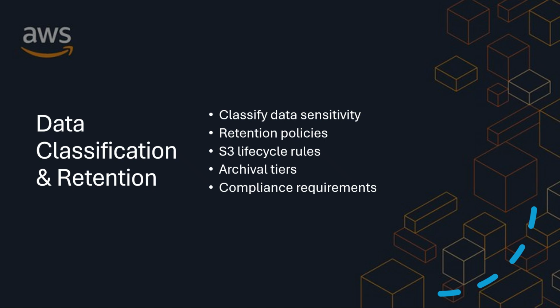AWS makes retention easy through S3 lifecycle policies that automatically transition objects to cost-efficient archival tiers such as S3 Glacier or Deep Archive, or even delete the data after a required retention period. These automated lifecycle rules ensure compliance with data retention laws while reducing the operational overhead and minimizing the storage cost.